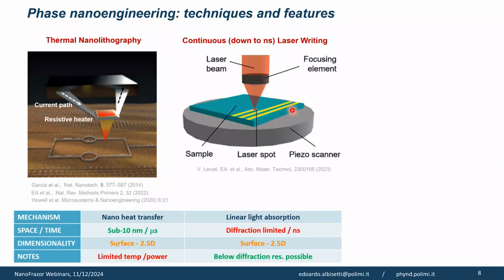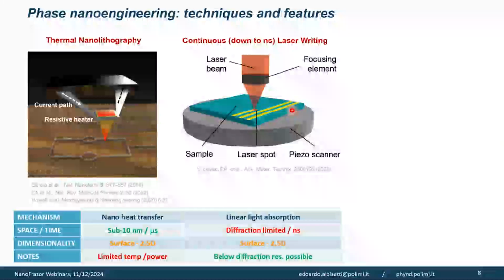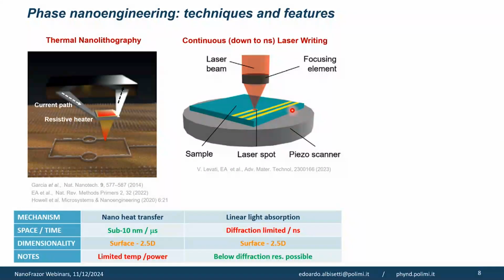Of course, space-time is slightly different than thermal nanolithography. We have a definitely worse spatial resolution because we're usually diffraction limited by the fact that we have freely propagating electromagnetic waves. So we're limited by the diffraction to roughly the wavelength of light. And in time, usually exploiting thermal effects, we can go down to nanoseconds, with Q-switched lasers, for example.